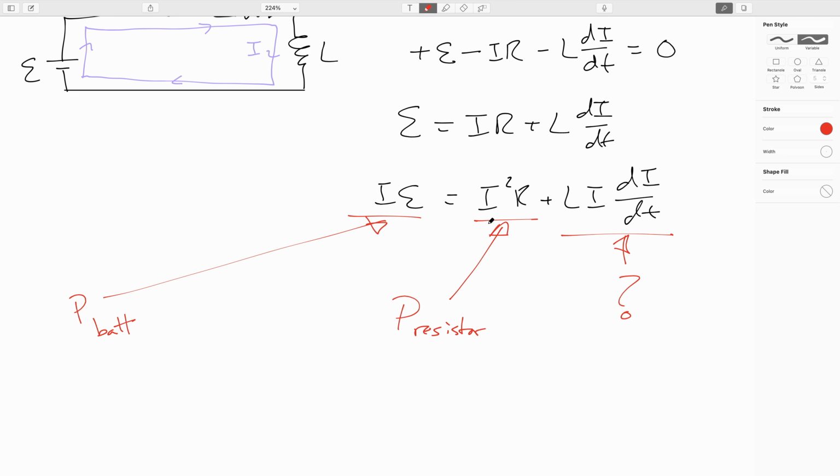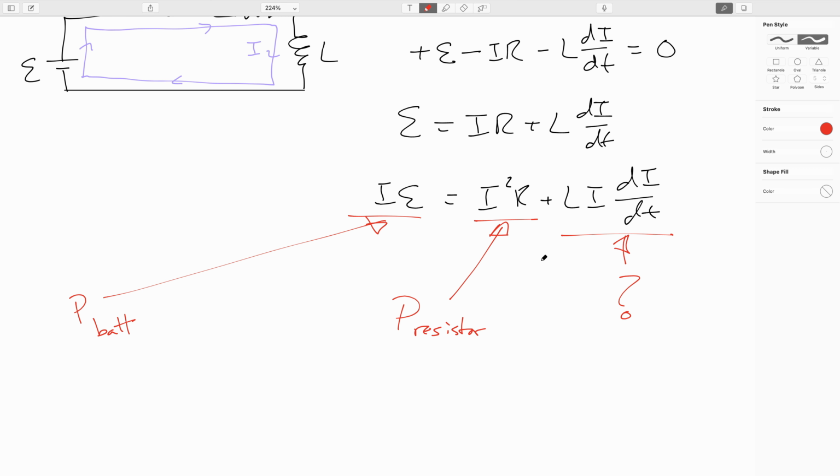But during the energizing process here, the resistor will be dissipating heat at a slower rate than work is being done on the circuit by the battery.